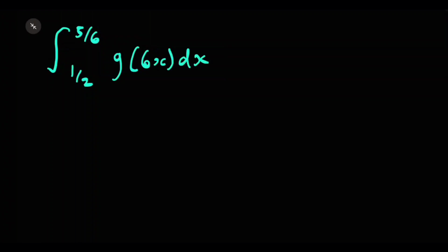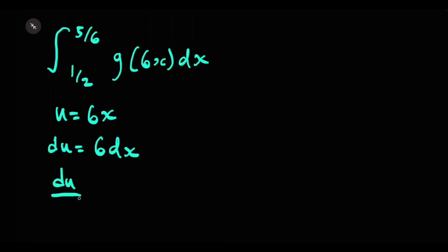So we have, for this expression, let's say that u is 6x. If u is 6x, this means that du is 6 dx, and this also means that du over 6 equals dx. So that means we can now rewrite this expression.